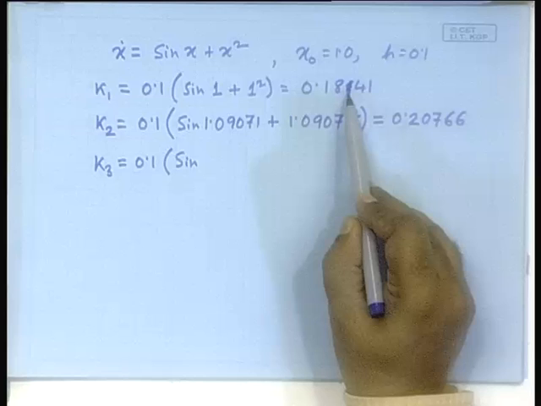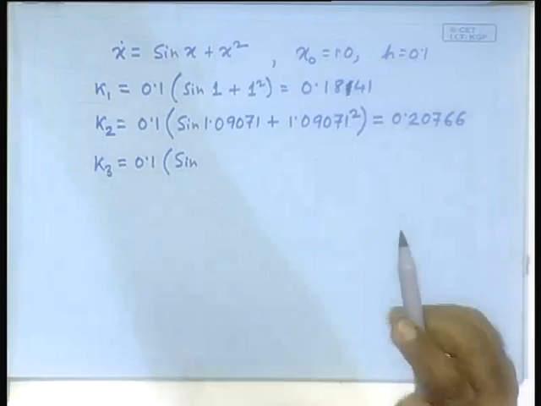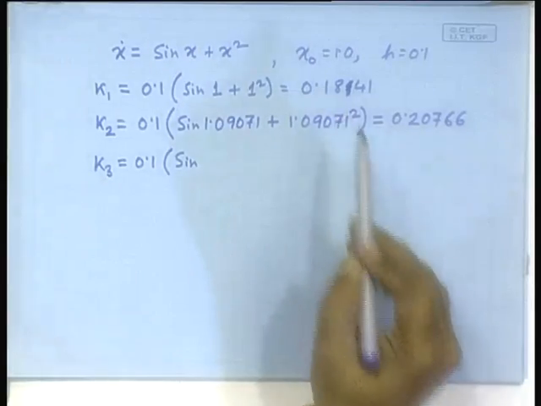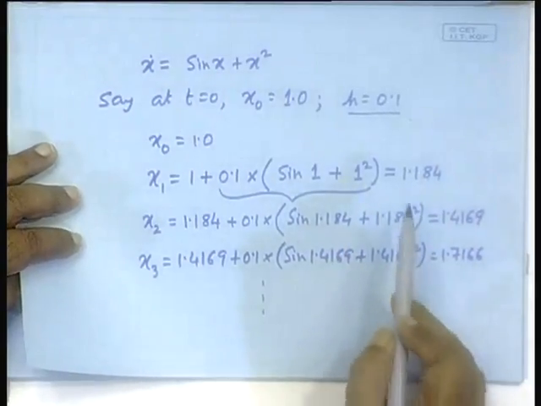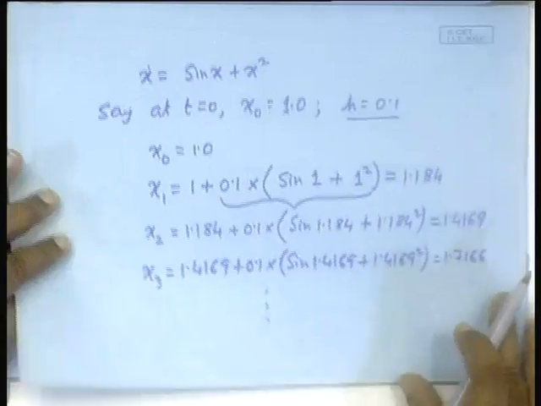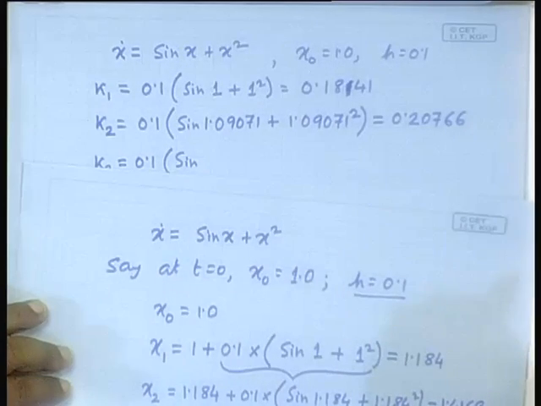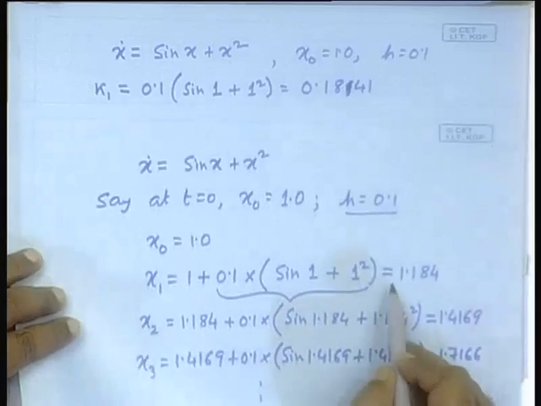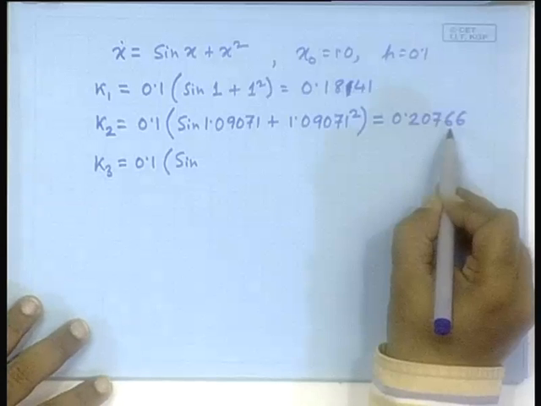Oh, this one was calculated on the basis of 1, no? Can you just check with the calculator whether the mistake was here or here? Because I had done the calculation once, I may have written it wrongly. This one is correct. So 1.18414. Previous ones are all correct.